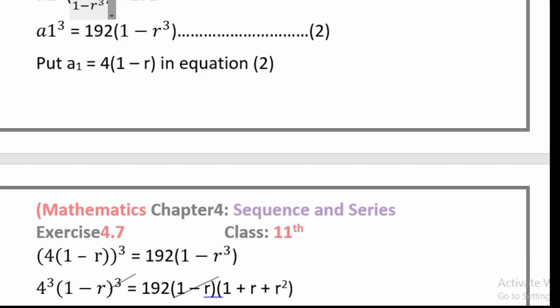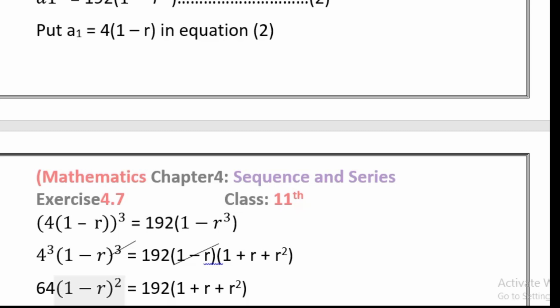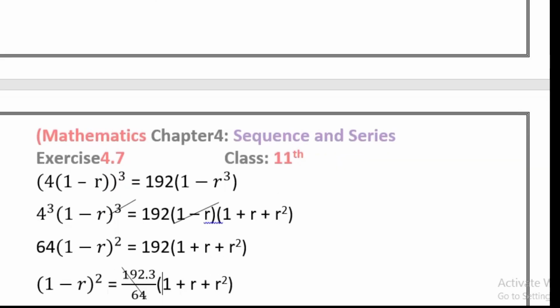So 1 minus r, one time cancel. 4 cube is equal to 64 into 1 minus r whole square equal to 192 into 1 plus r plus r square.